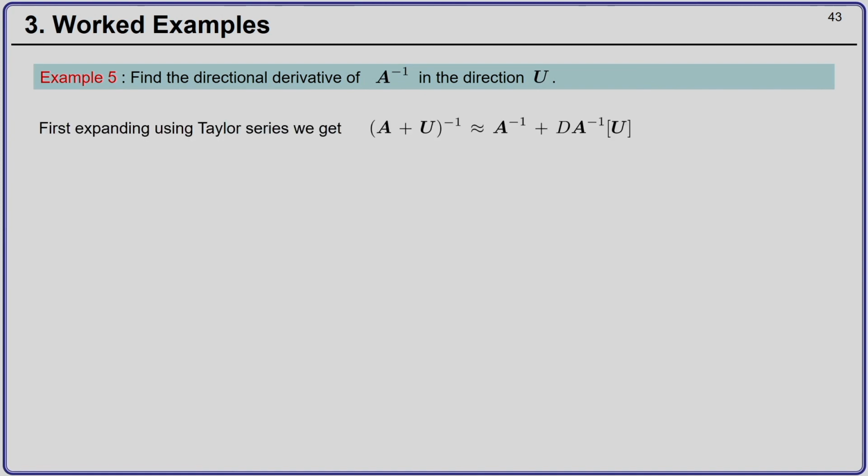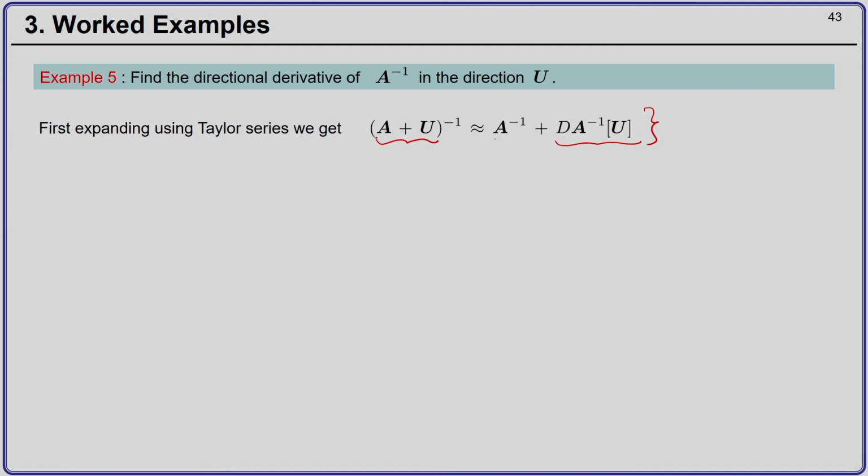Again, first you can do the Taylor series expansion. So, A plus u inverse will be nothing but A inverse plus the directional derivative of A inverse in the direction of u. So, this second term is the change.